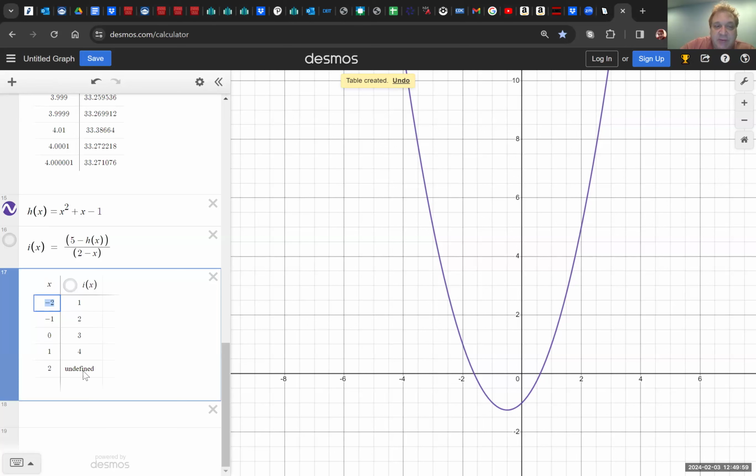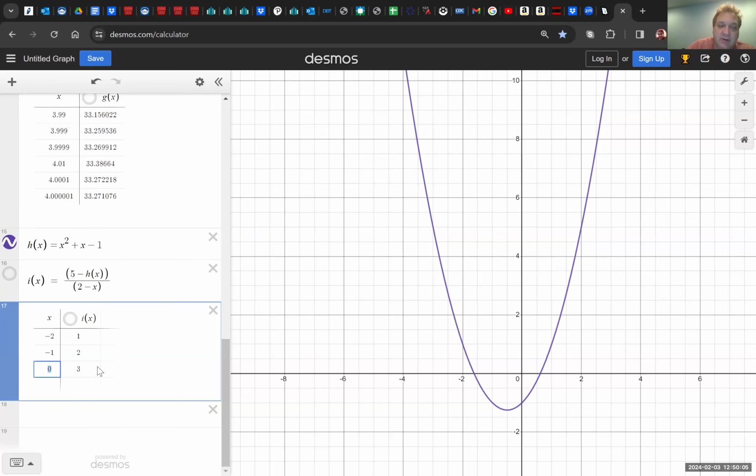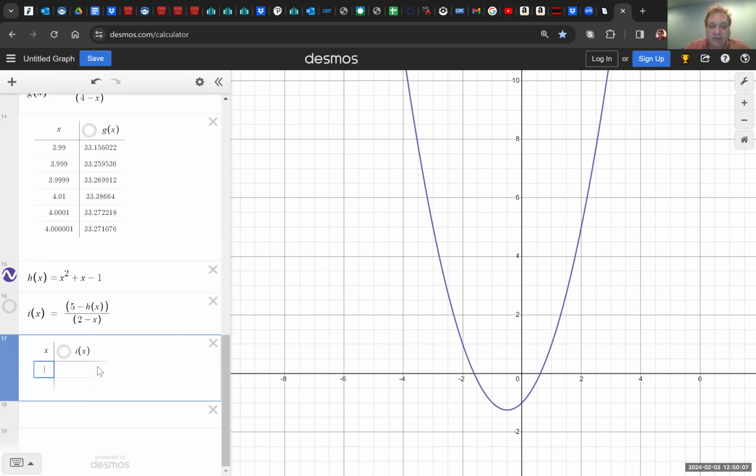We can't plug in 2 directly because there would be no change in x. We're starting at 2, so we need something slightly bigger than or slightly smaller than 2. So I can choose 2.001, 2.00001, etc. And I can get numbers that hopefully form a pattern, and then I can see what's going on here. So maybe you can see the pattern already with the numbers that are slightly bigger than 2.